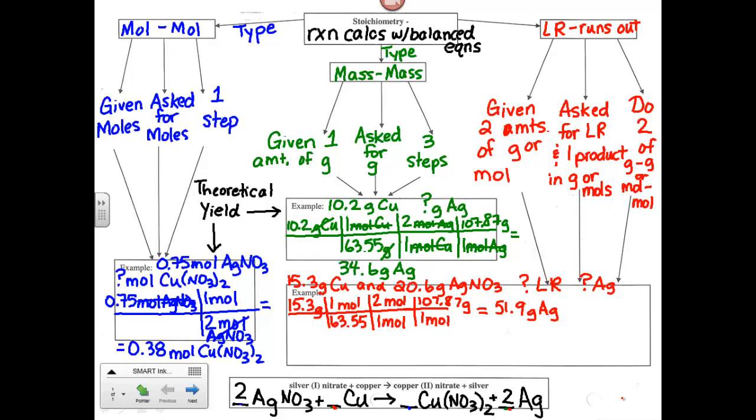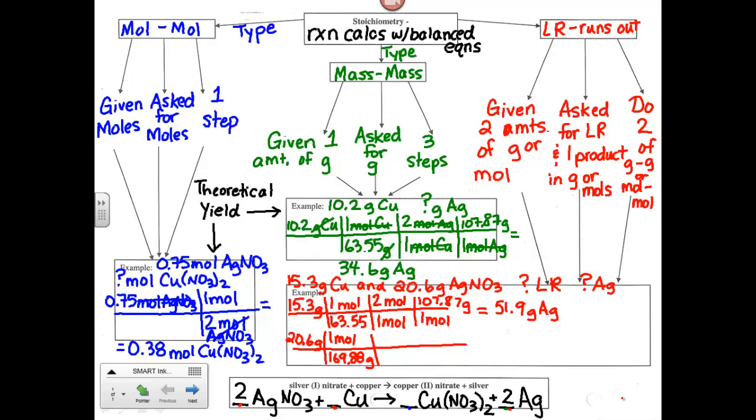But we're not done, because we also need to find out how much silver would be produced from the silver nitrate. So again, we set up just like before, 20.6 grams of silver nitrate this time. Look at the periodic table, add up your pieces. Silver nitrate weighs 169.88 grams for every mole. Look at the equation.